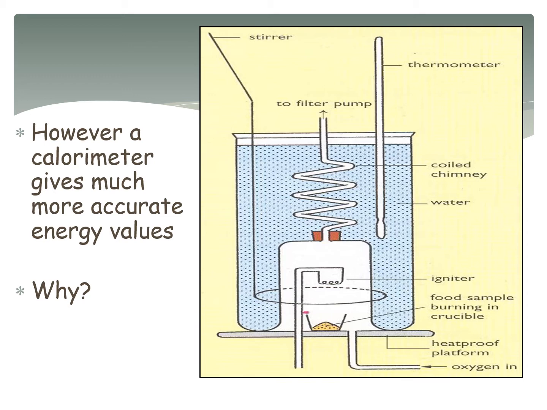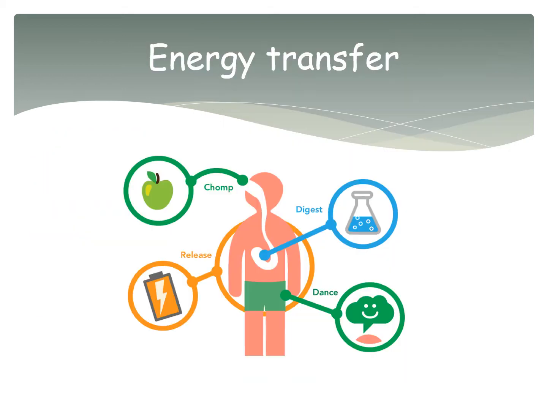So again, you would measure how much the temperature would change by the thermometer after you heated all your food. And it's asking why does the calorimeter give a much more accurate energy value than the other method, and that is because heat can't be lost to our surroundings because the water is trapping it, so there'll be not as much heat lost to the surroundings.